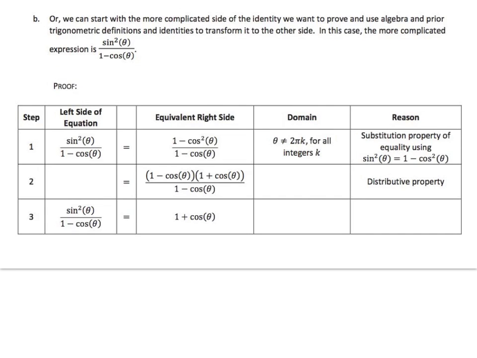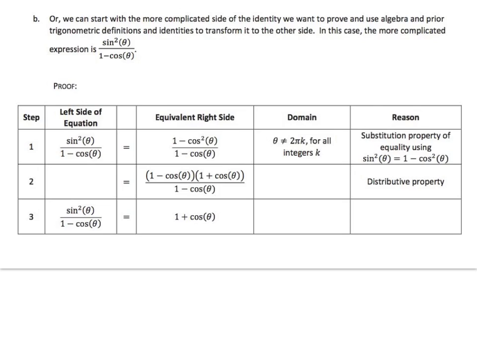Next, we can start with the more complicated side of the identity we want to prove, and use algebra and prior trig definitions and identities to transform it to the other side. In this case, the more complicated expression is given.